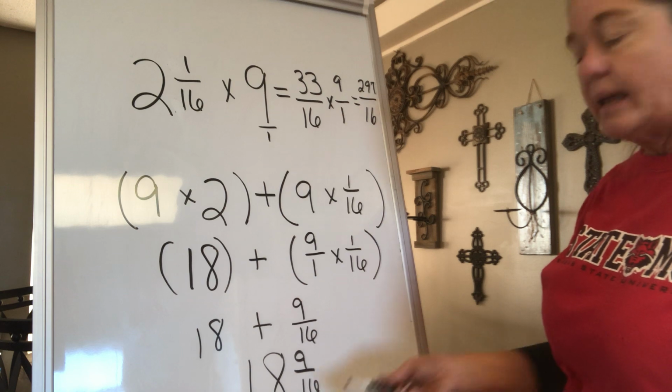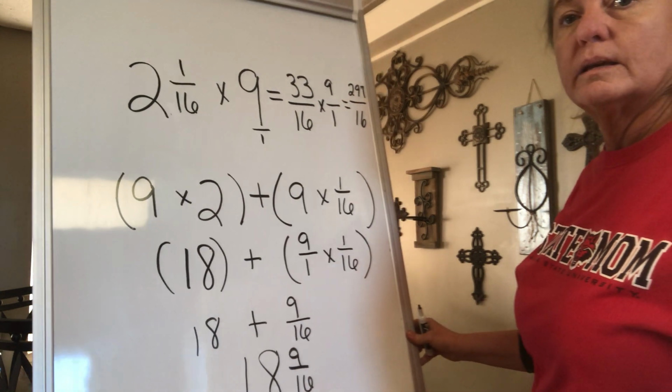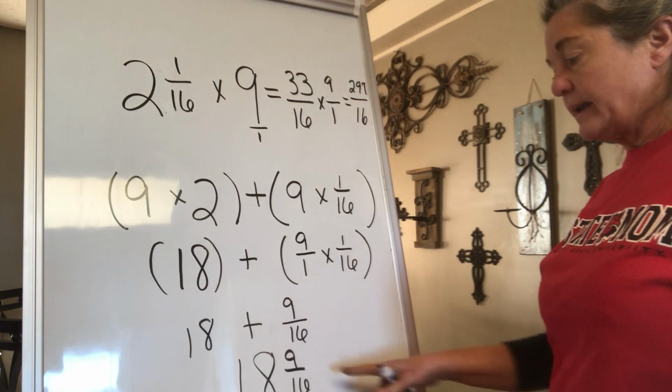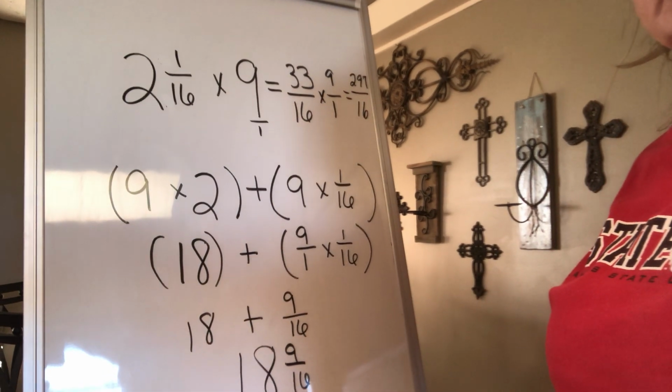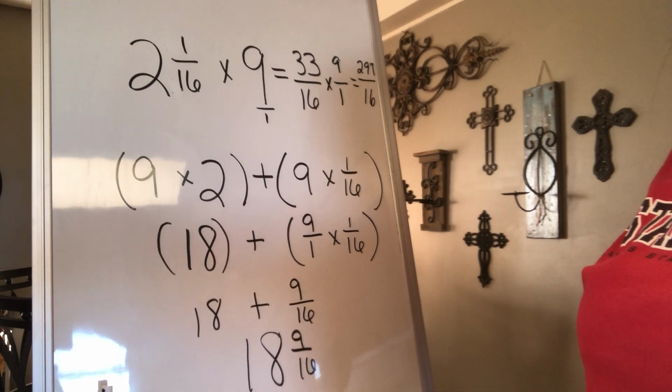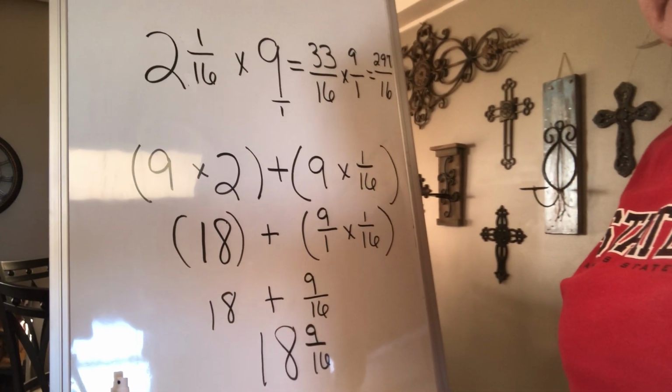So it doesn't matter if I had taken this very large improper fraction and divided 297 by 16, I would have ended up with 18 whole ones and then 9 left over, and we were working in 16ths, which still would have given me 18 and 9/16.